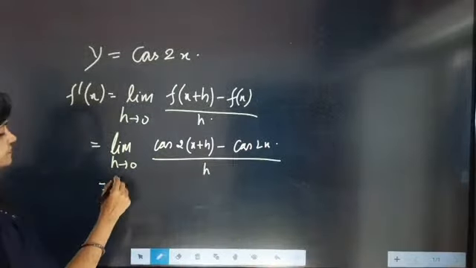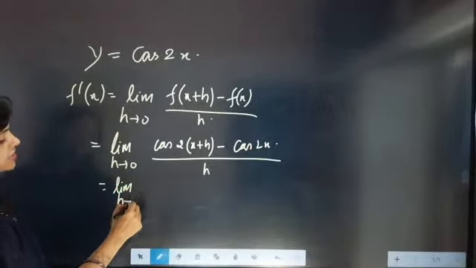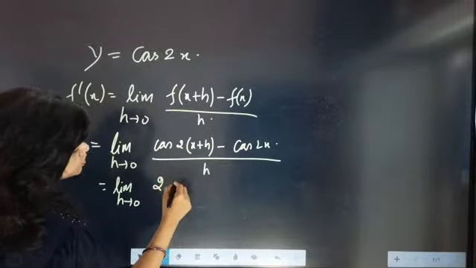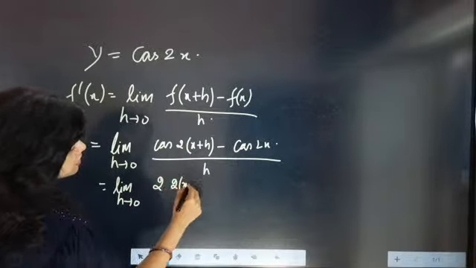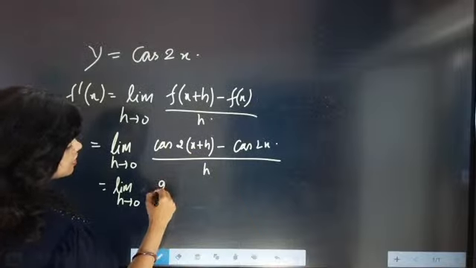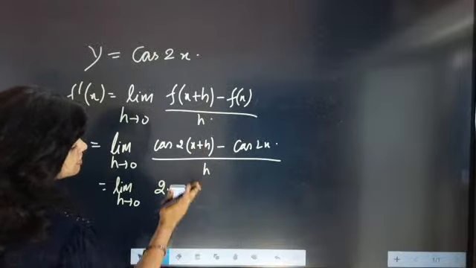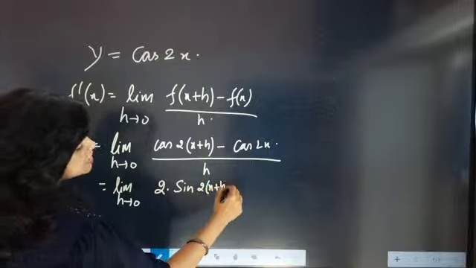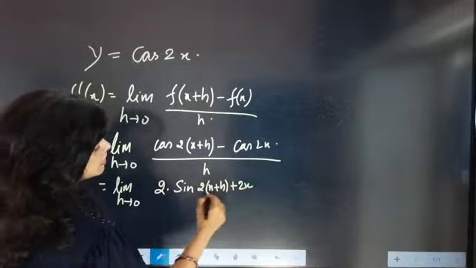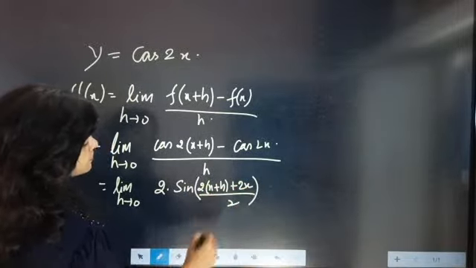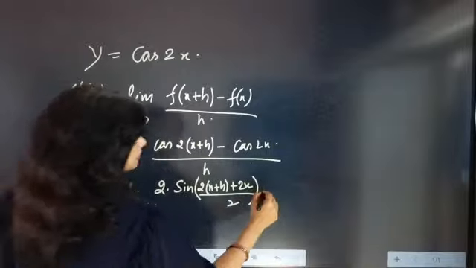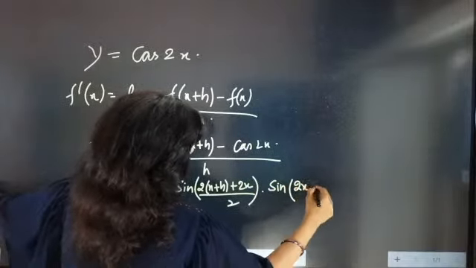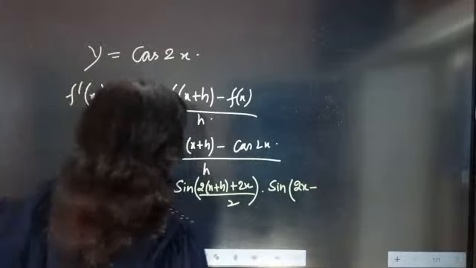See, the cos c minus cos d formula is minus 2 sin of c plus d by 2 into sin of d minus c by 2.